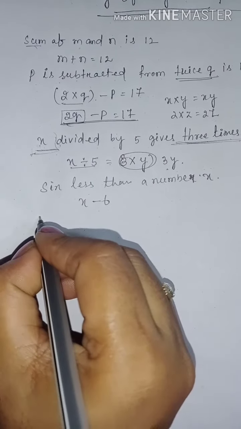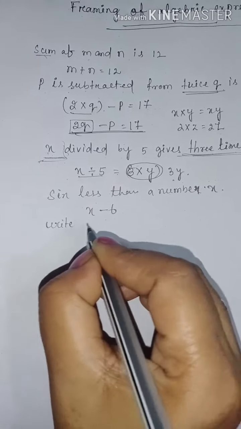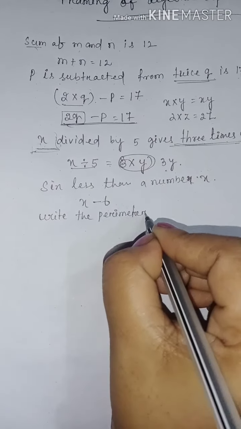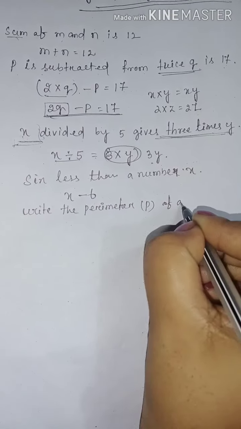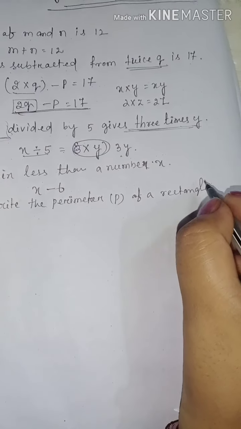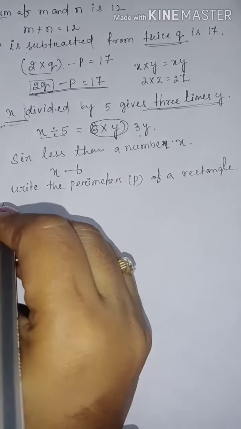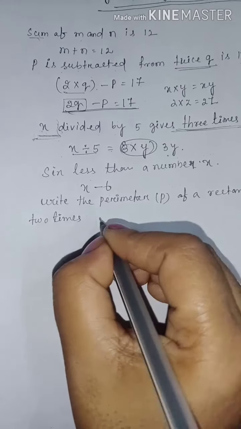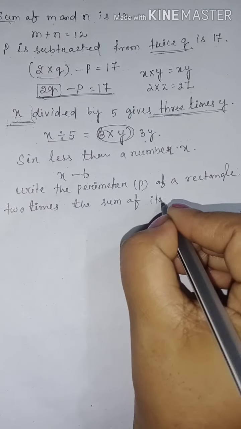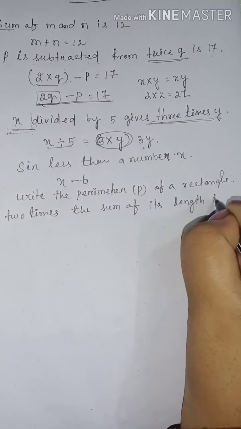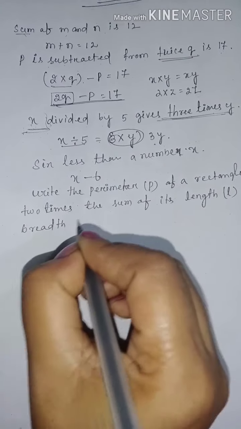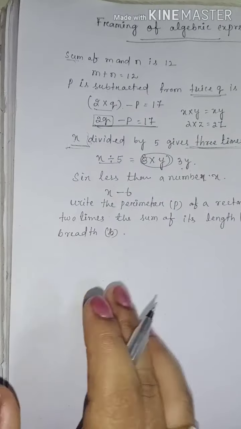Another example, see: write the perimeter P of a rectangle, each 2 times the sum of its length L and breadth B. Okay, what is the question?